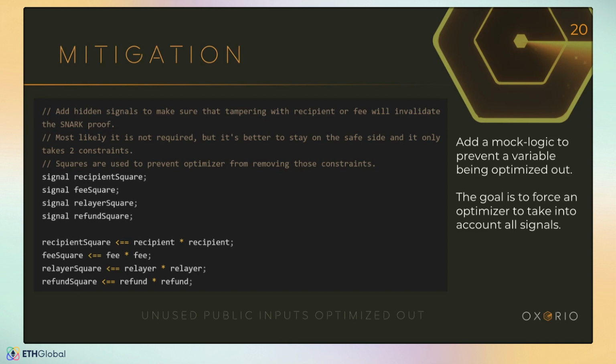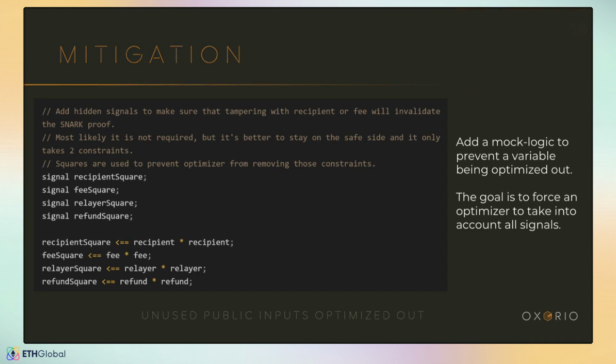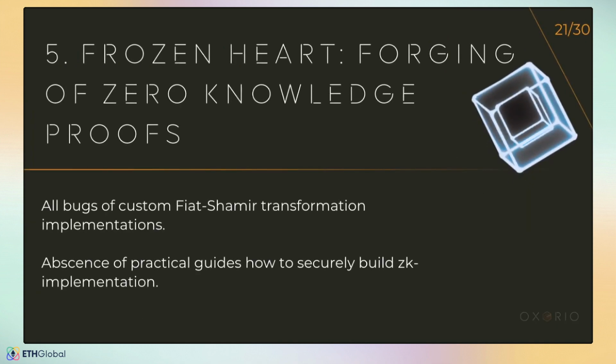So that's the problem. The core mitigation strategy is just to use those variables in some mock logic that is not needed, but we declare that we are using the variables, and all is fine. The optimizer doesn't ignore that, so all works okay.